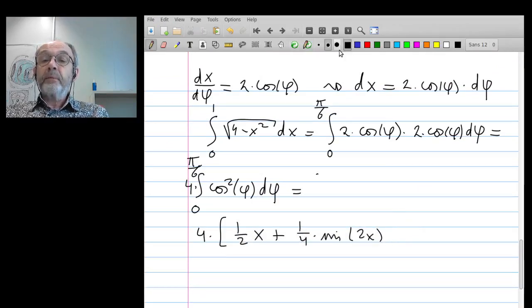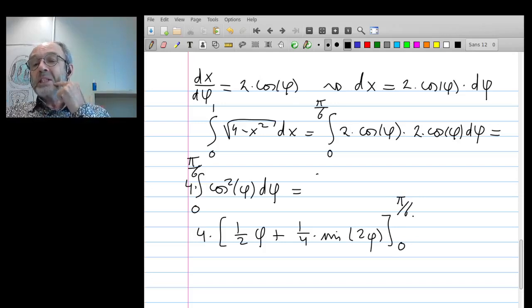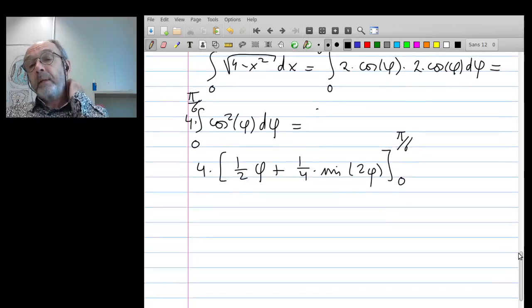But be careful with the variables. We are using phi as the integration variable, so we have to do this one here. Okay, this is the primitive function. And you know, if you fill in an upper bound and a lower bound, the constant c falls away, so we do not have to write it down here.